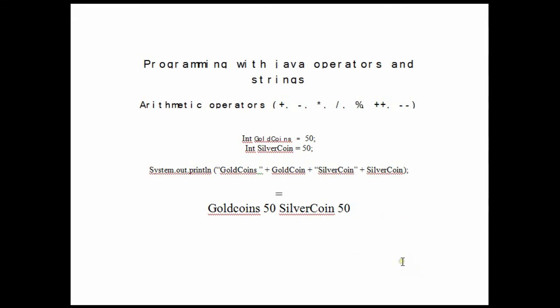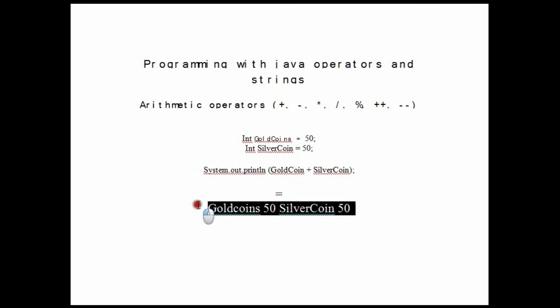Also, another thing you could do is you could do this. Let's just say you want to add these 2 variables. You don't want to print out any string. So if you do this, the answer that would be printed out would be 100. That's what would be printed out on your screen.